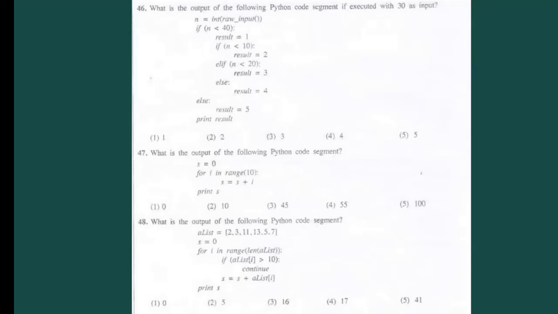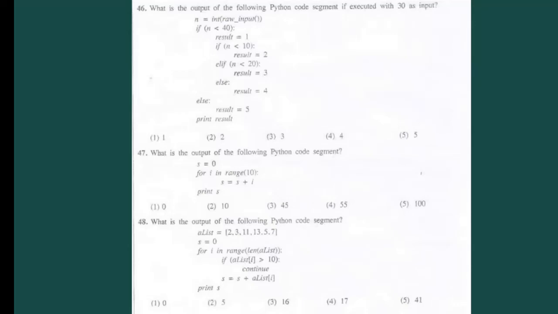What is the output of the following Python code segment? I'm not clear about the inputs. There's a list given with some parameters. S equals 0, for i in range length of list. If list i greater than 10, continue.